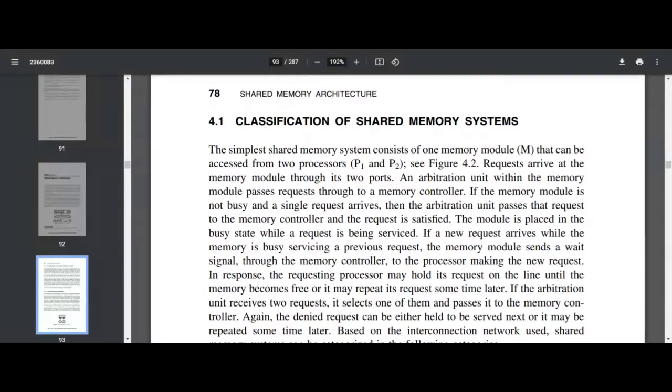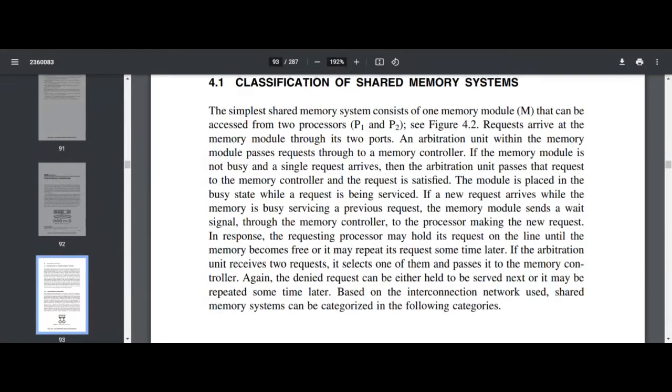So there is one more way. I have earlier discussed it with you, that you can call it a short wait or a long wait. We have already discussed this in interrupts. So in this way, the memory module sends a wait signal.